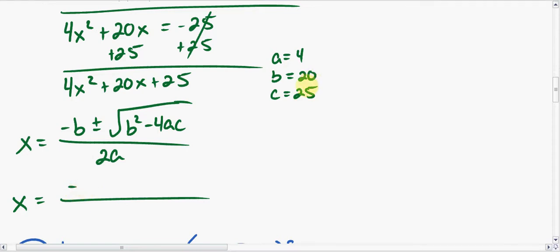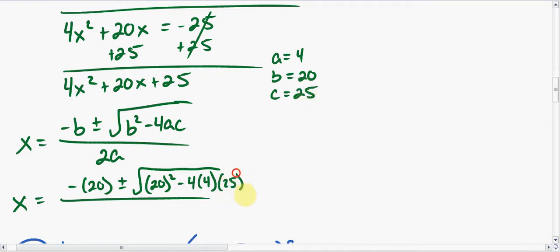So I've got the opposite of b, or the opposite of 20, plus or minus the square root of 20 squared minus 4 times my a, which is 4, times c, which is 25, and that's all over 2 times my a, or 2 times 4.